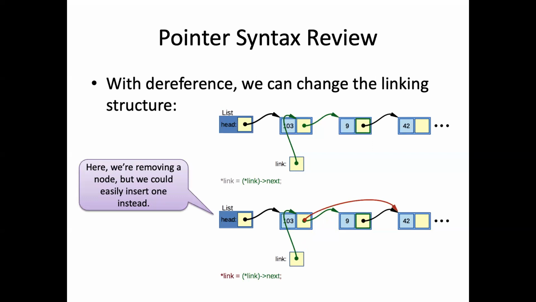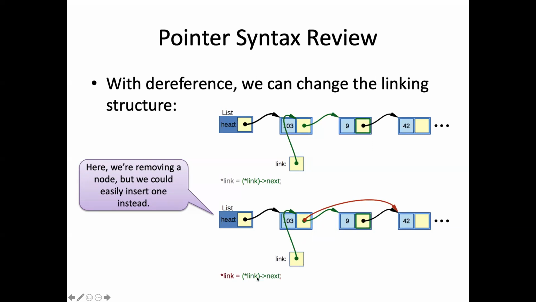Why is this possibly a good idea? You can use this to change the linking structure in the list. Like I said, if you take link and dereference it, then assign something to that, you're changing the contents of the pointer it points to. So if you wanted to remove, for example, this node with a 9 in it, you could just get a copy of the next pointer inside that node.